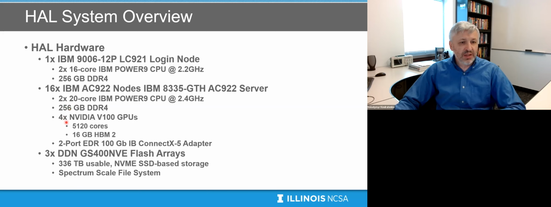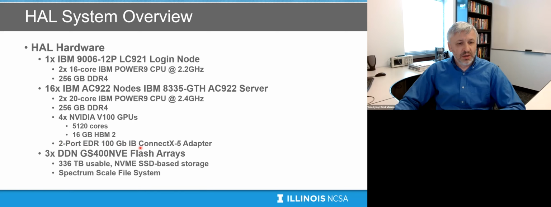Each server also has 4 NVIDIA V100 GPUs, which, as I mentioned, was state-of-the-art GPU technology available at the time when we built this system. These GPUs have 16 gigabytes of HBM2 memory, which still remains a rather sufficient amount of memory for many models, although we see more and more models that demand significantly more memory than that.